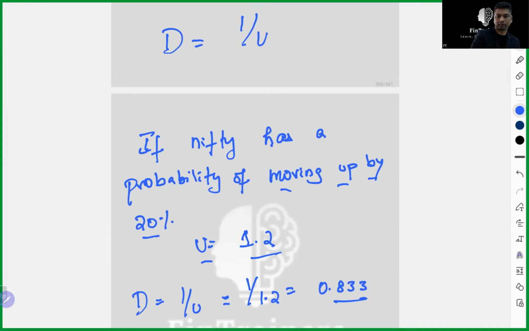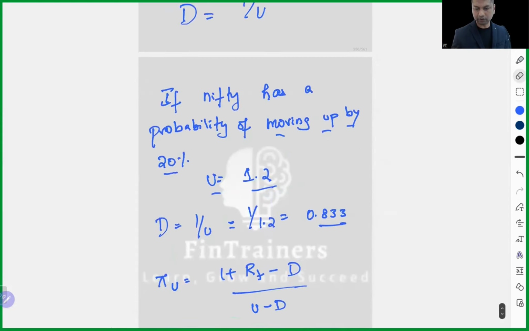If they say it's coming down by 20%, then the D will be 0.8. Then you do 1 by 0.8, which is 1.25. Similarly, if the probability of coming down is 20%, then your up move will be 25%.